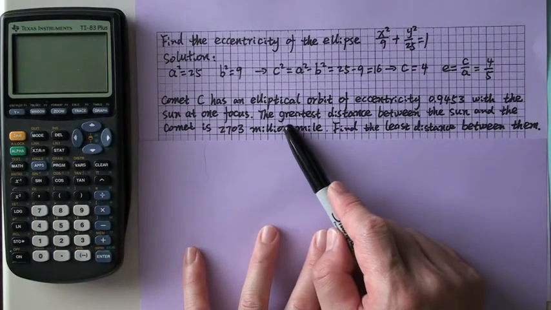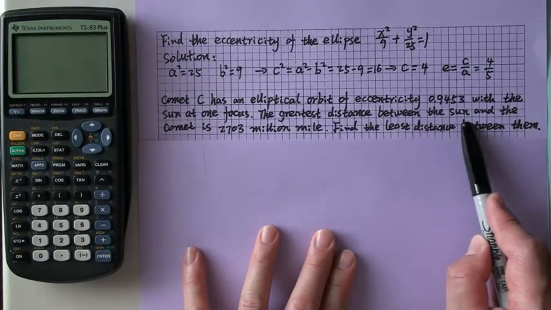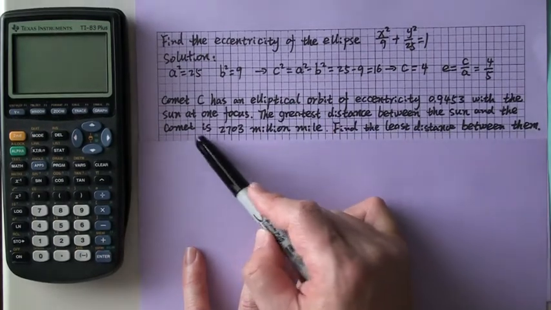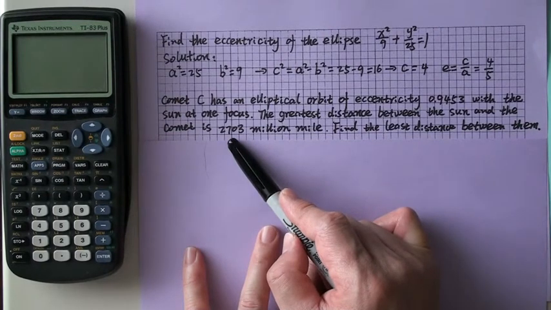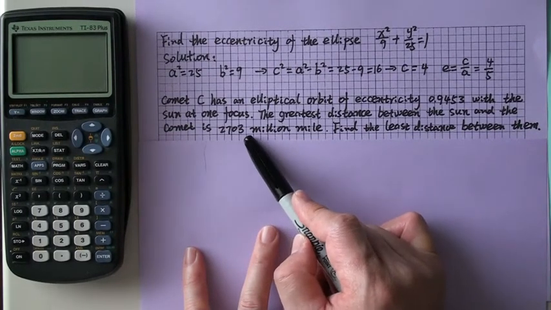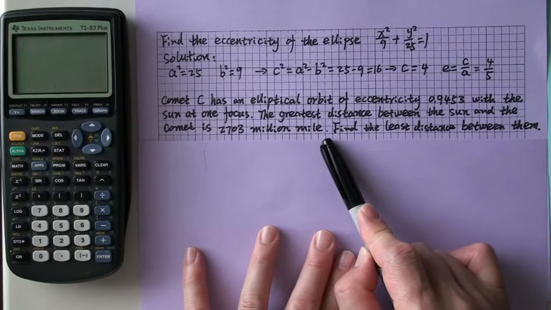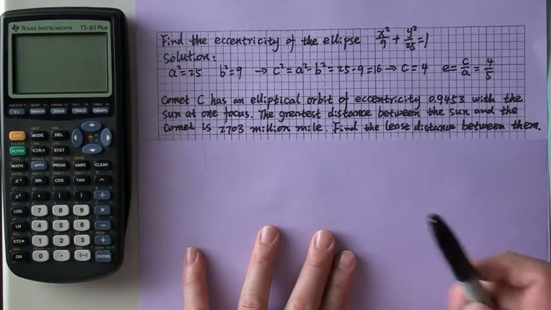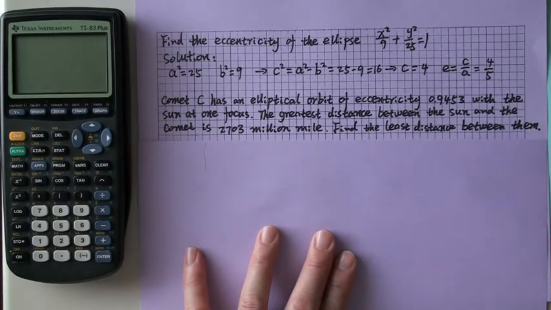We were also told the greatest distance between the sun and the comet is 2703 million miles. So you may want to write S here.